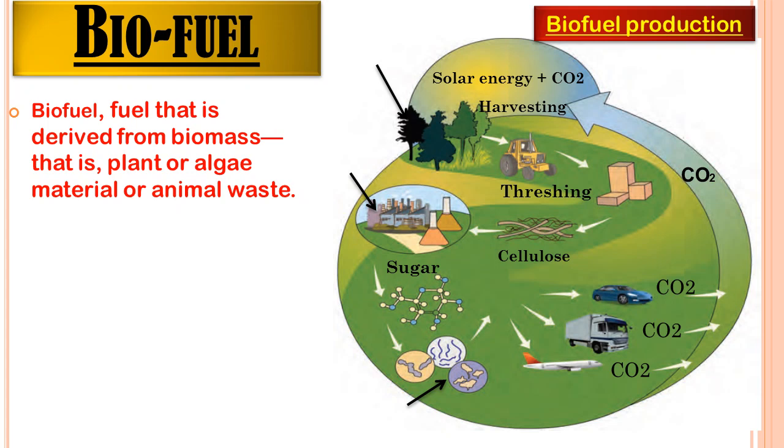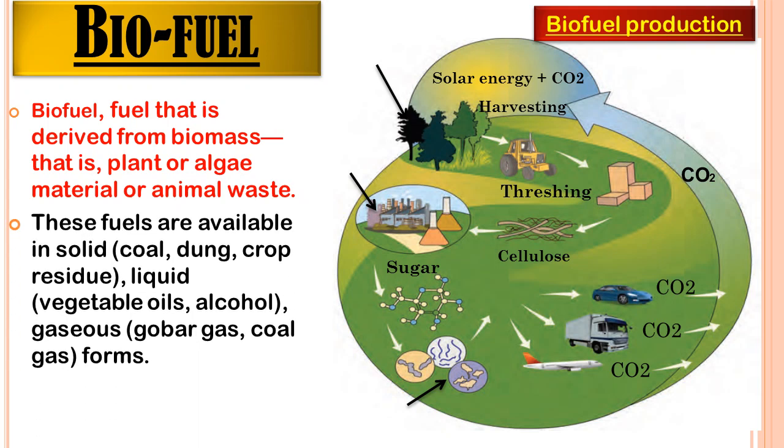Bio means living matter, that is plant, algae, animal waste. And biofuel is important among the renewable sources of energy, and these fuels are available in solid form, that is coal, dung, crop residue, in liquid form such as vegetable oil, alcohol, and in gaseous form such as gobar gas, coal gas, etc.